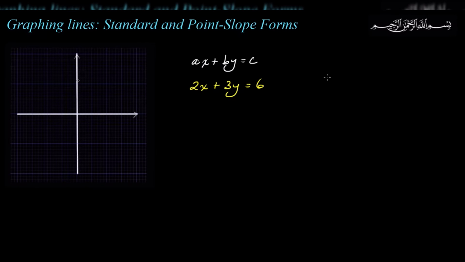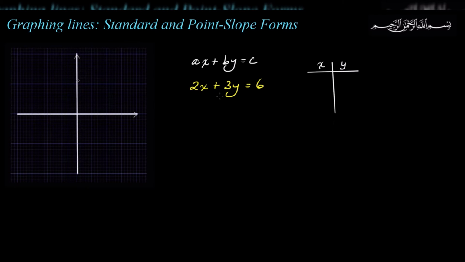Now, how do we graph this? The way I like to think about it is you make a baby table. You can graph lines using tables by figuring out a few points on the line: you substitute numbers for x and then get y. But to graph a line, you only need 2 points, because 2 points determine a unique line.